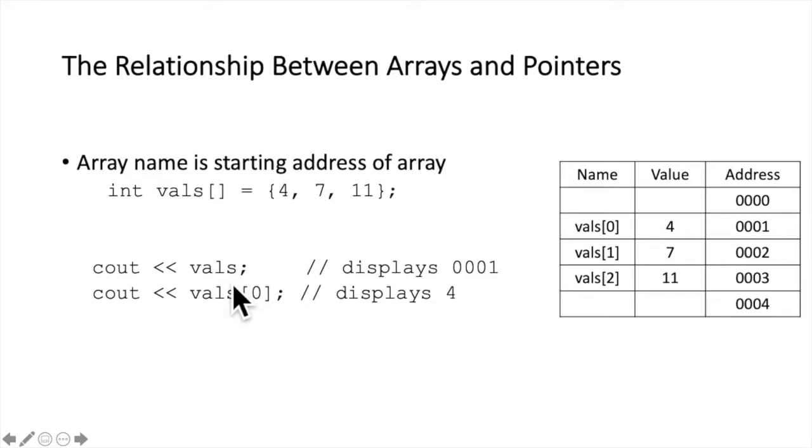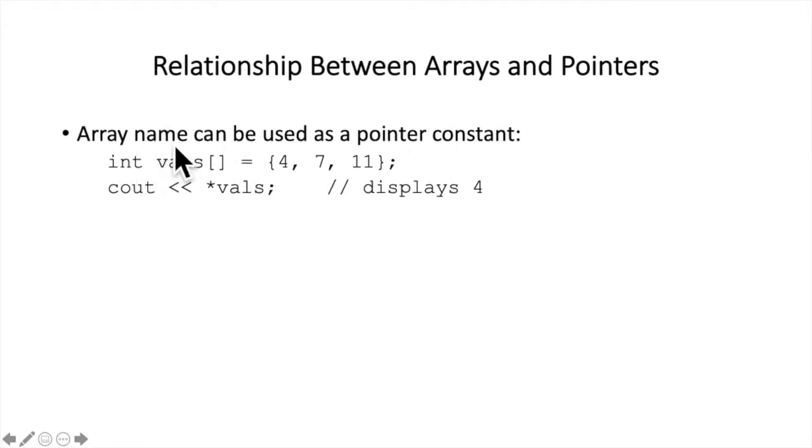So this is a type of pointer also. It keeps the address of the first element of the array. Therefore, the array name can be used as a pointer constant. So we can use this vals, and when we add an asterisk to the array name, it will display the first element of this array.